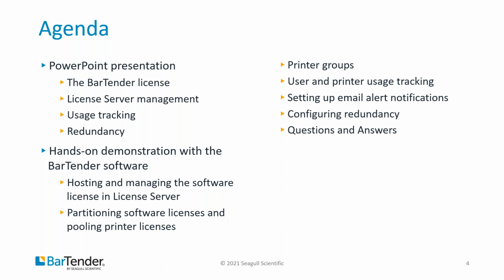License server management, so how you can manage the license and the printer licensing within the license server. Usage tracking, so you can track who has been using printer licenses and for what printers they've been used for. And we'll look at also the various redundancy options that the BarTender software now supports.